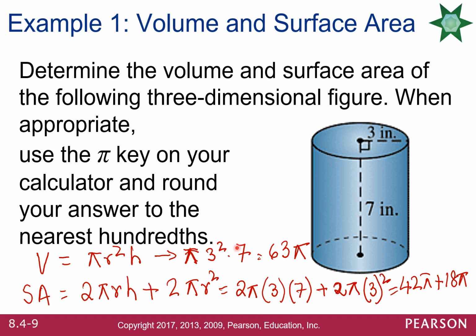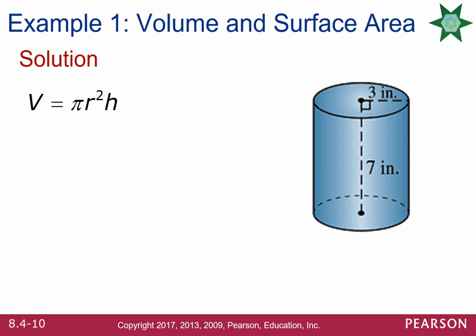So let's go on to the next slide, which will have the solutions for this. So you'll see here they work it out the same way as we did in the previous slide. They write the formula for the volume of the cylinder, which is pi r squared h.